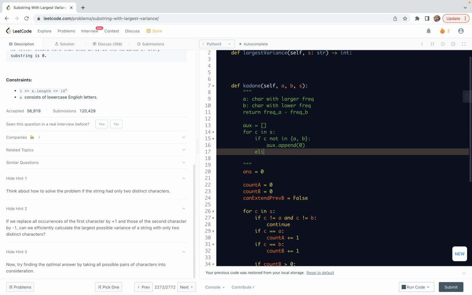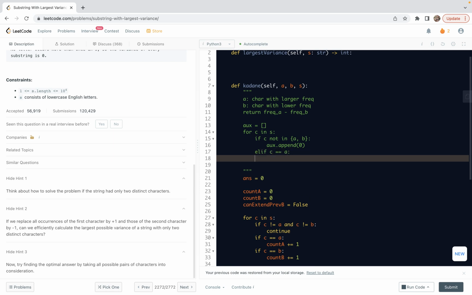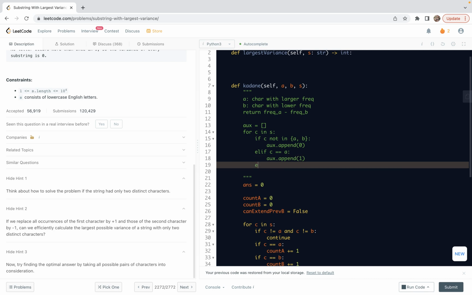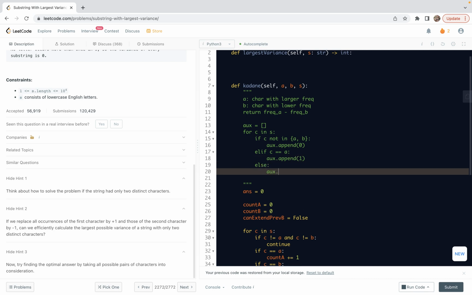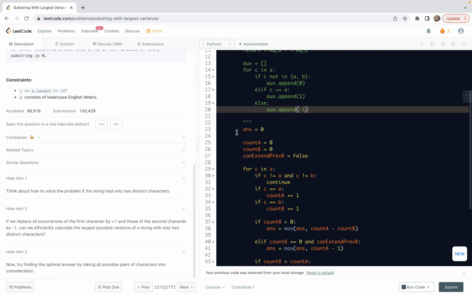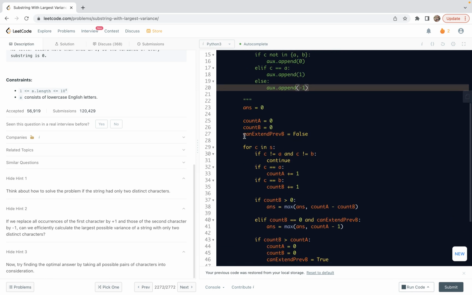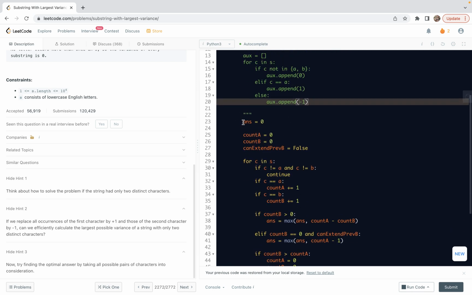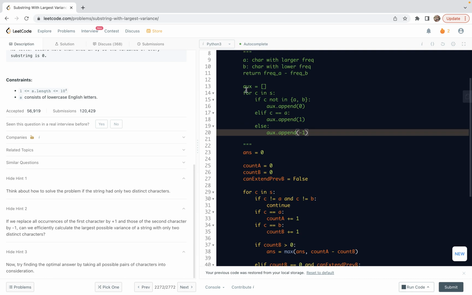Otherwise, if C equals A, we append positive 1. Otherwise, we append negative 1. And then this procedure corresponds to computing the maximal possible consecutive subarray sum for this aux.